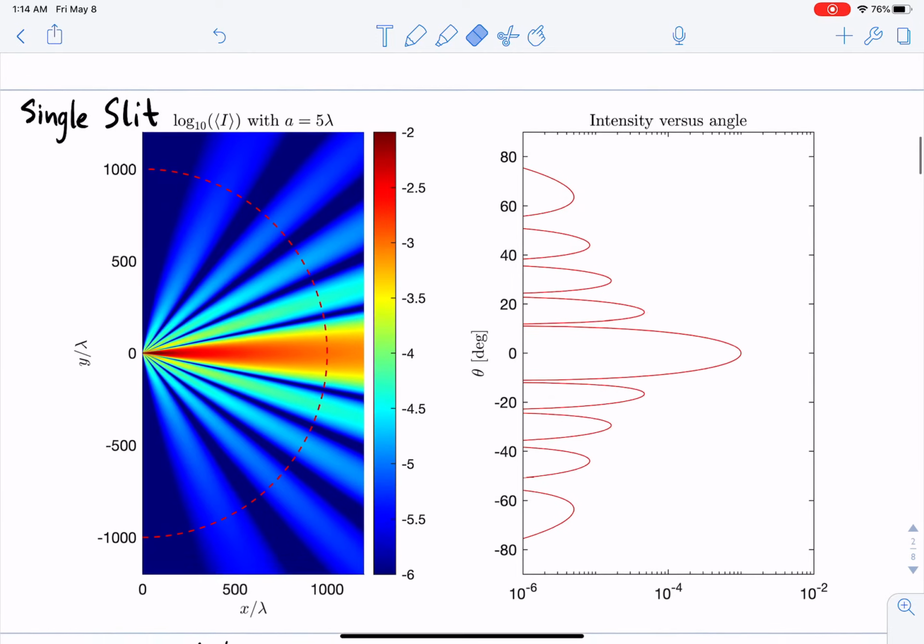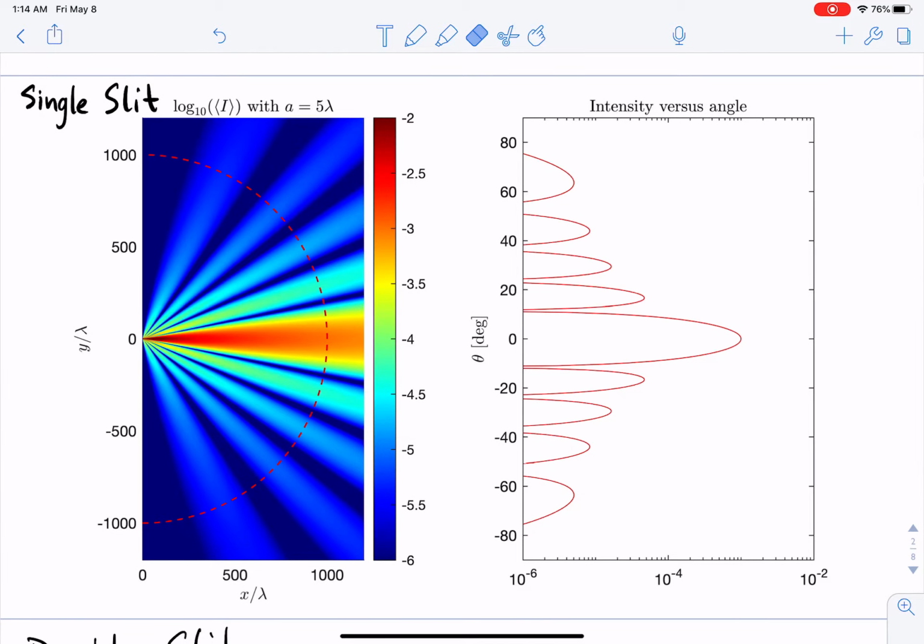So after doing that, we looked at some patterns that emerged. The first one was just a sequence of points in a row, a row of point sources. They had a length A altogether.